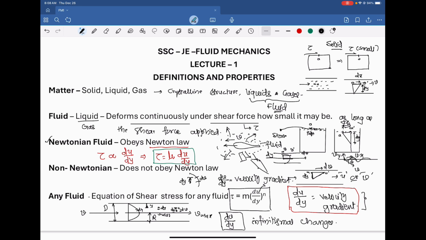A matter is composed of solids, liquids and gases, on the basis of the crystalline structure and compactness of the molecules. We can define solids, liquids and gases.